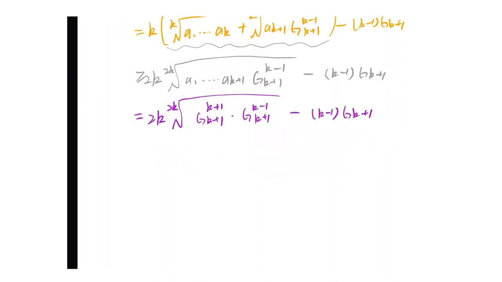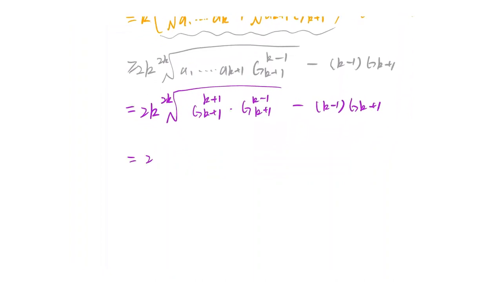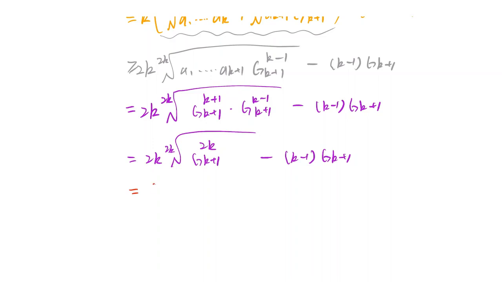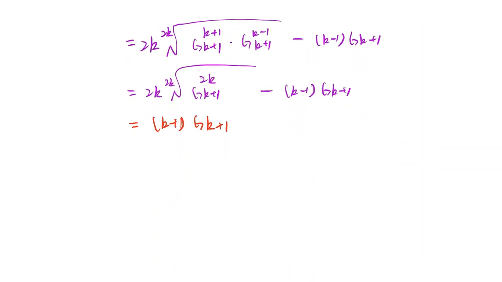And this expression is equal to 2k times g_{k+1} minus k minus 1 times g_{k+1}, and it gives our final answer, which is k plus 1 times g_{k+1}.